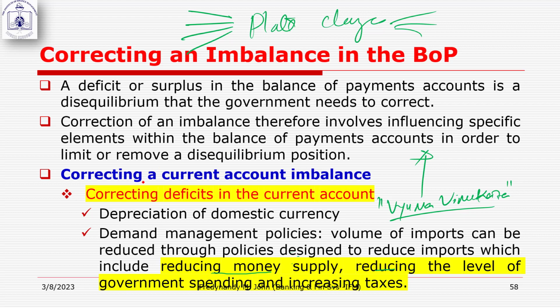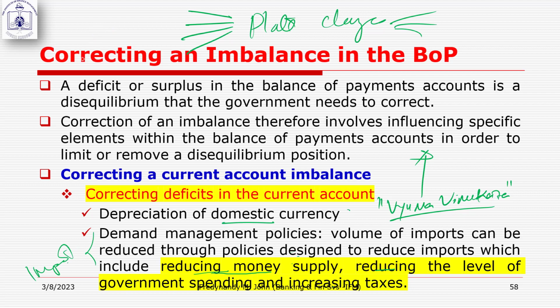So, if you devaluate your currency, you will be promoting export. If you exercise demand management policies, government austerities, by reducing money supply, government expenditure, or increasing taxes, then you will significantly discourage imports.